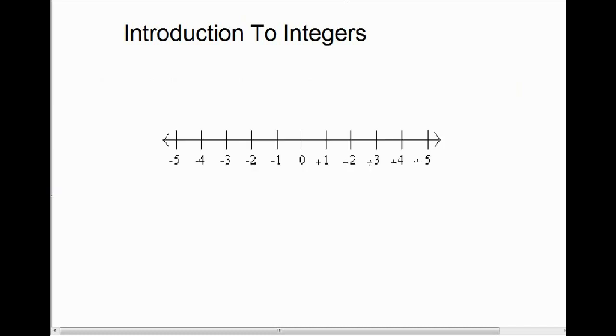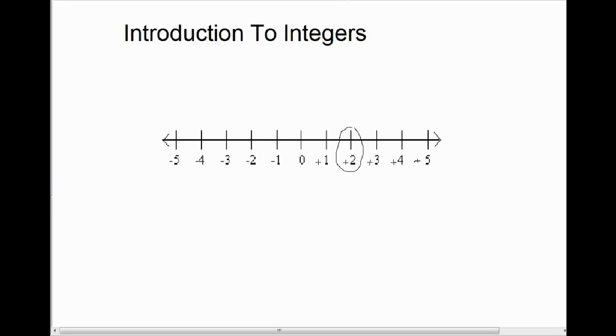So I mentioned before that negative values and positive values are considered to be opposite because they're on either side of 0. When we talk about integers, we can have integers that have opposite values as well. So, for example, the integer +2 does have an opposite, and its opposite is the one that's the same distance from 0, the same number of spaces from 0.